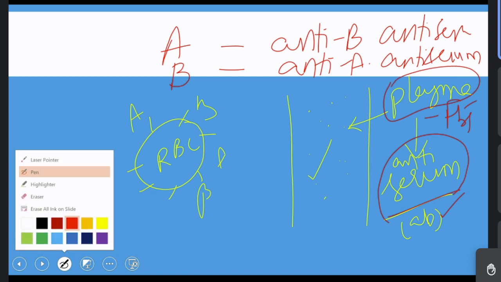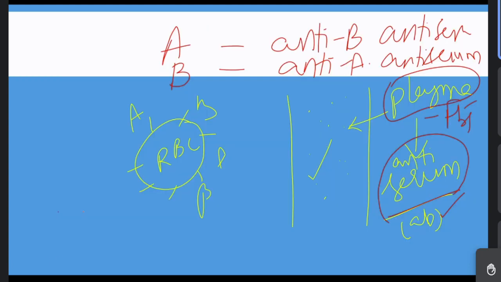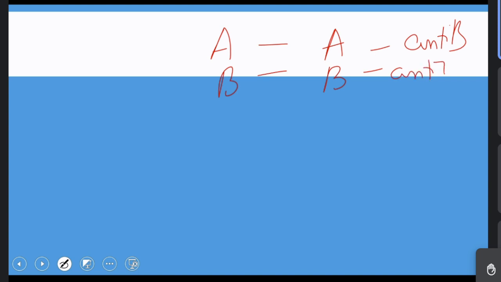Thus, an individual having A blood group will have A antigen and anti-B antibody. If it is B blood group, he will have B antigen and anti-A antibody. If it is AB blood group, he will have both antigens. If both antibodies were present, he would die, so he will not have any antibody.